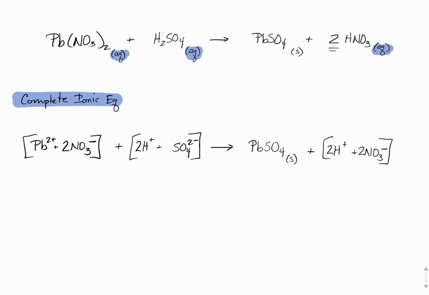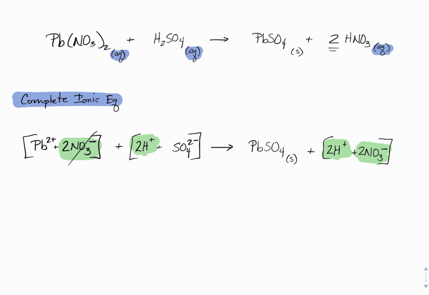So now my next step is to determine my ionic or spectator ions, and the spectator ions in this particular equation are going to be my 2 nitrates and my 2 H pluses, and then nothing else is considered a spectator ion.